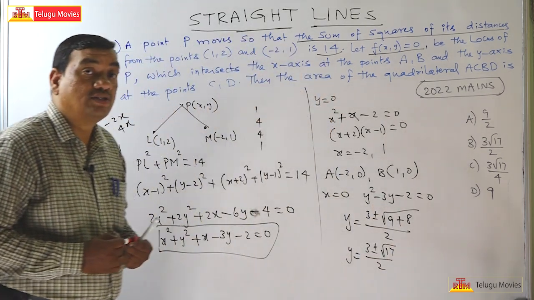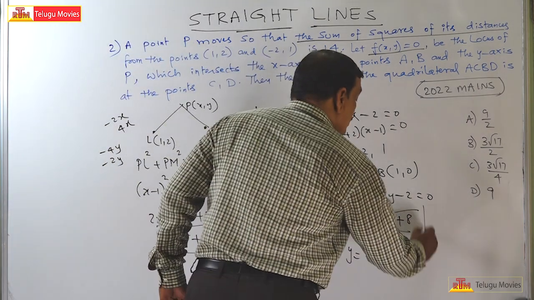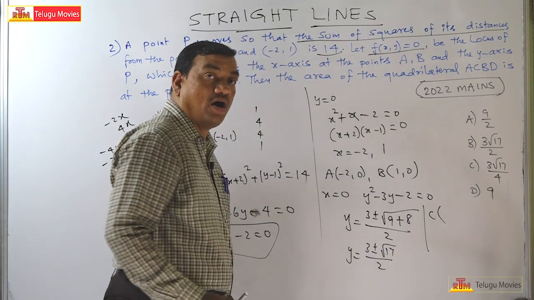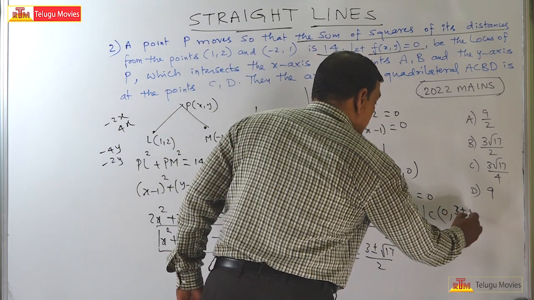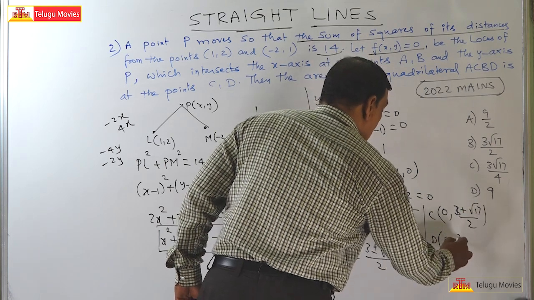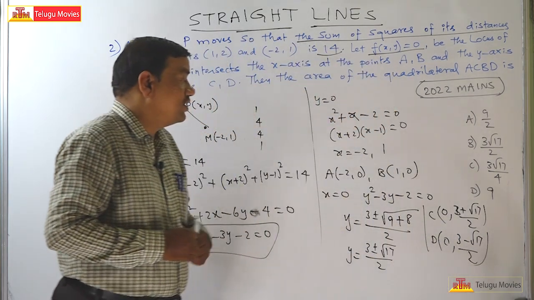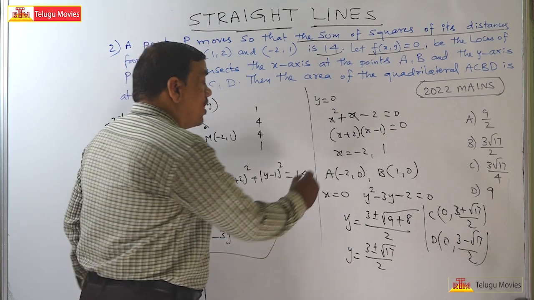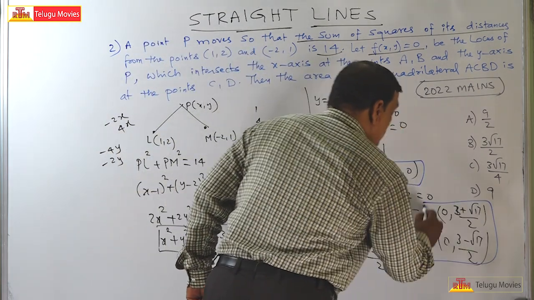Therefore the coordinates of C are (0, (3 plus root 17)/2) and D is (0, (3 minus root 17)/2). Understand? So clearly you got the coordinates of A and B and of C and D.